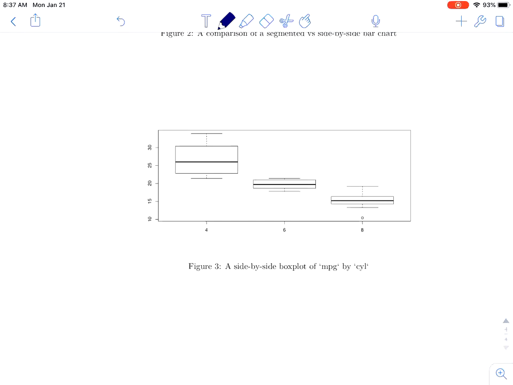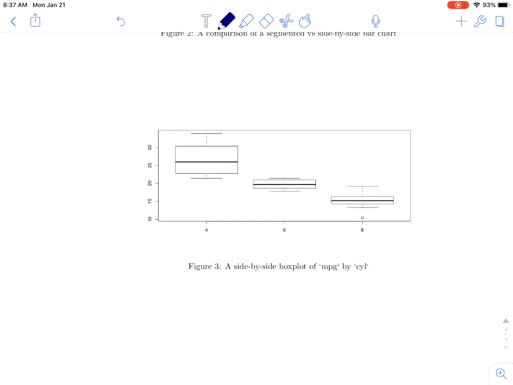And so now we see that, okay, here's the median, just looking at this one for a second, the 4-cylinder cars. Here in the middle, we've got the median fuel efficiency, the median miles per gallon for a 4-cylinder car.